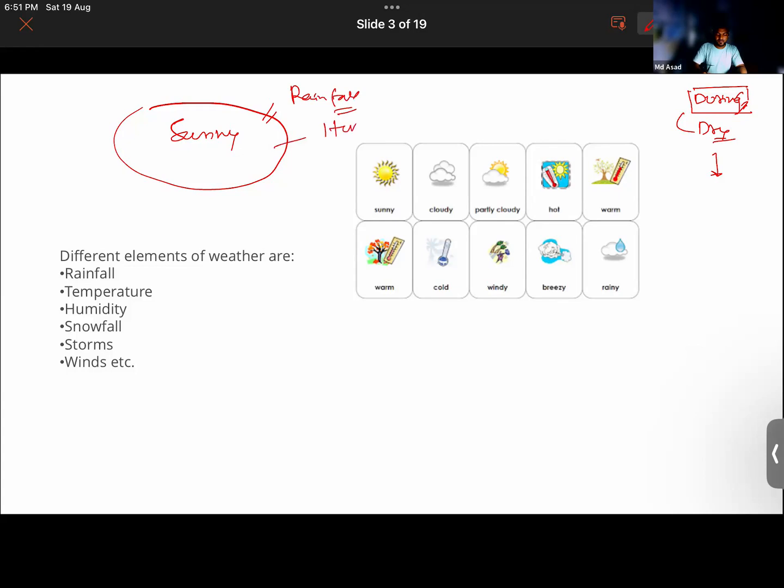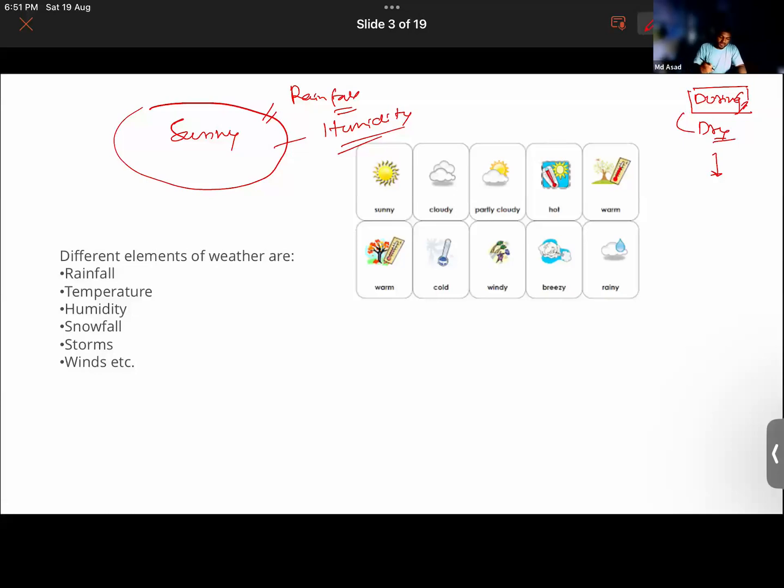Haven't you observed? Why? Because the temperature of the air was already higher and now it's rainfall, so the amount of water vapor that air can hold increased because the air was already warmer. Getting it, guys?